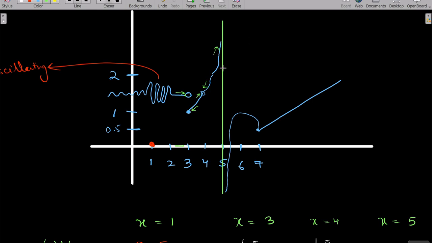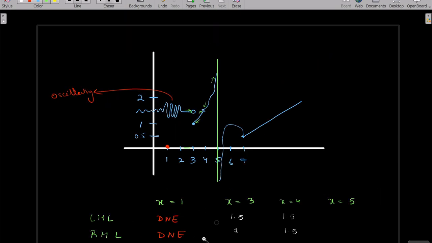No, x is approaching 5. If you see the graph, it is moving infinitely in the top direction. We have to look at the y values. The y values are increasing and increasing. The graph is approaching this line, but the y values are increasing like 2, 3, 4, 5, 6, 7, 8, 9, 10, 11, all the way to positive infinity.